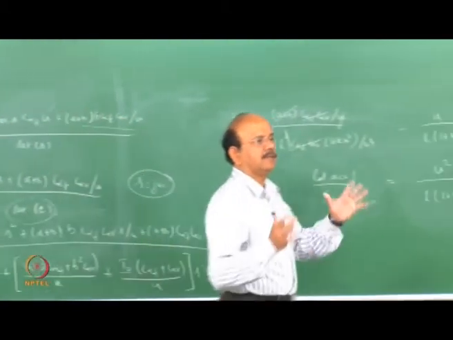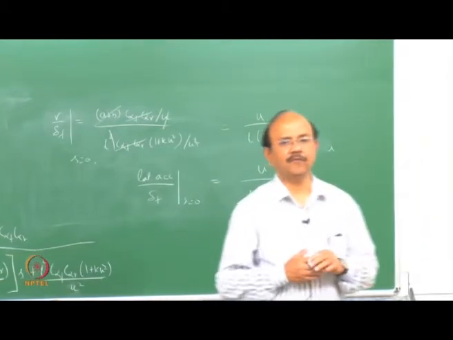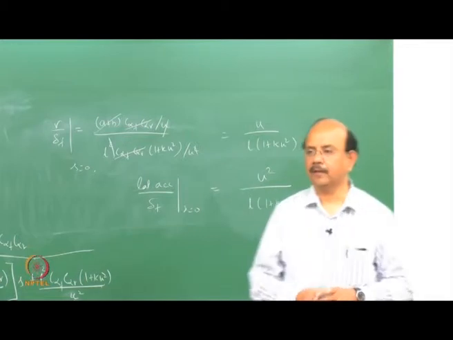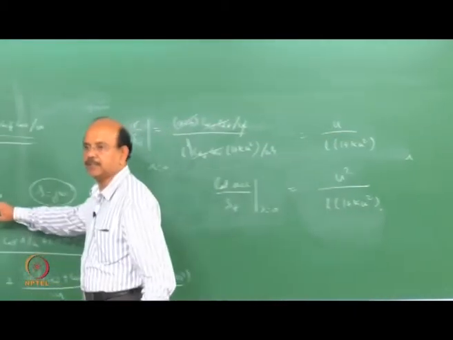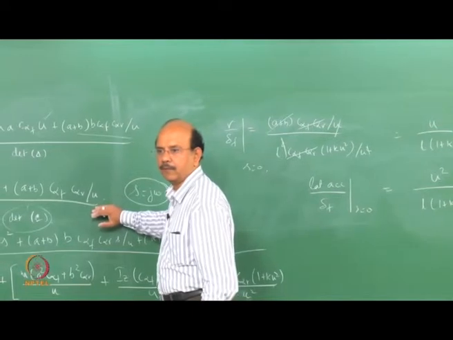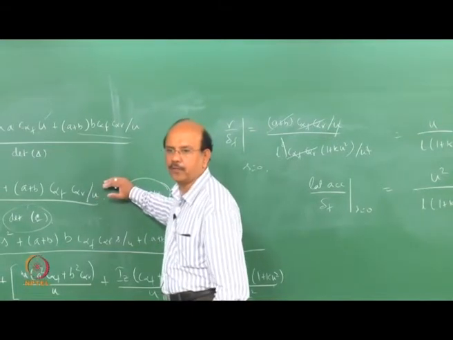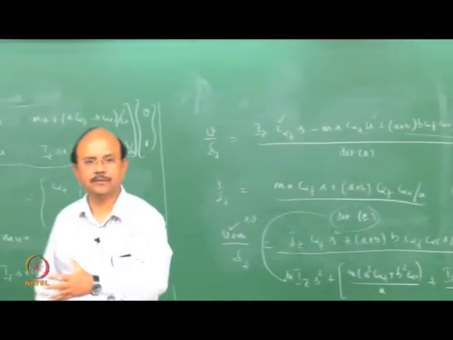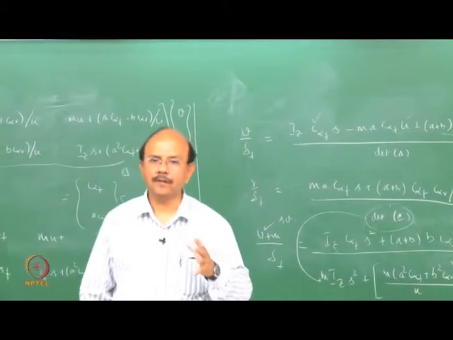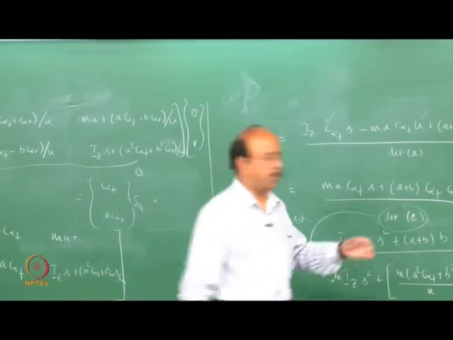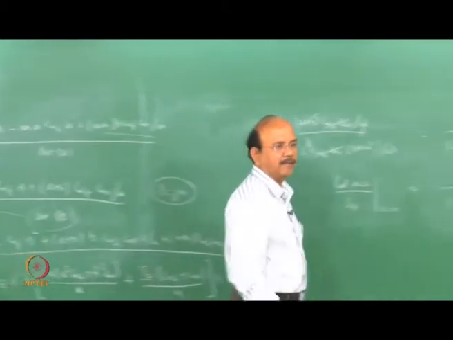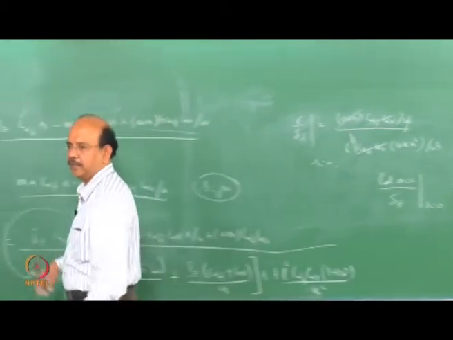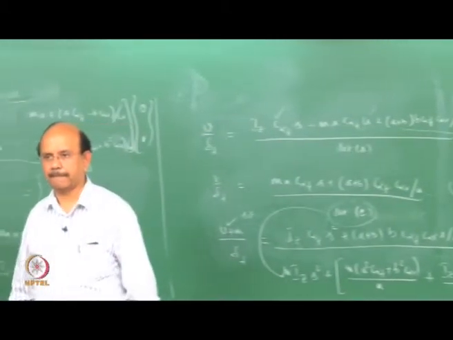The numerator and the denominator have interesting properties. When the numerator is equated to 0, what did you get? Zeros. So poles and zeros are obtained by equating the denominator and the numerator to zero.